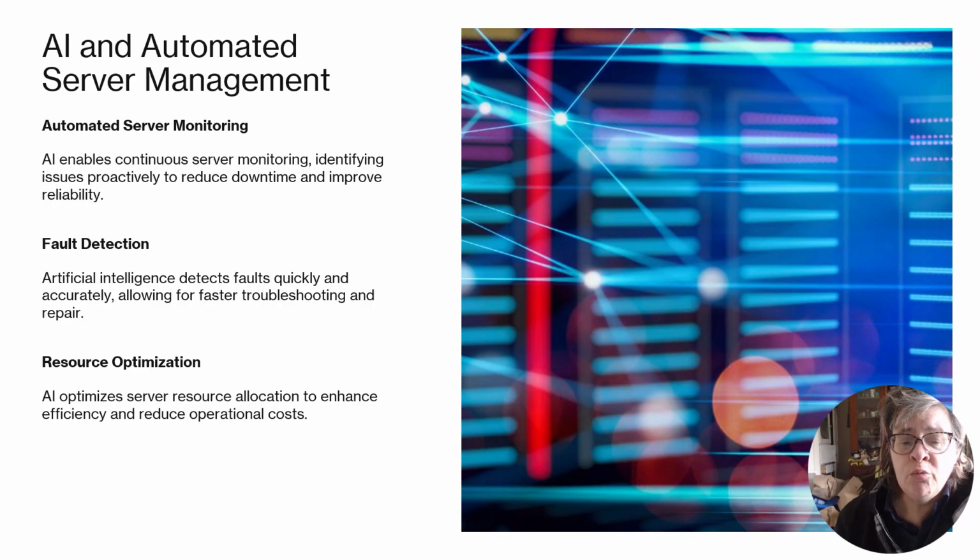But it does help, and it will do continuous monitoring, and will pick up things that maybe the humans can't, but the humans will pick up things that the AI can't. So this is important, that AI and automated server management cannot replace people completely, and that's important for organisations to know as well.